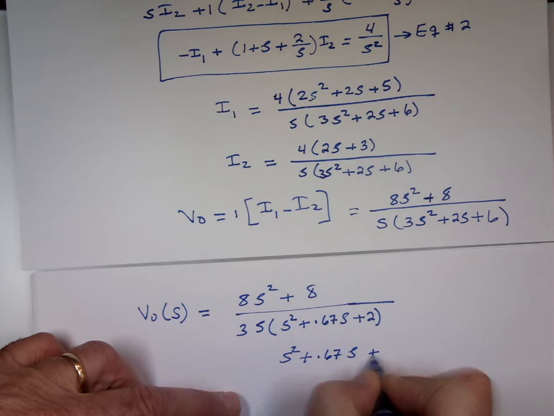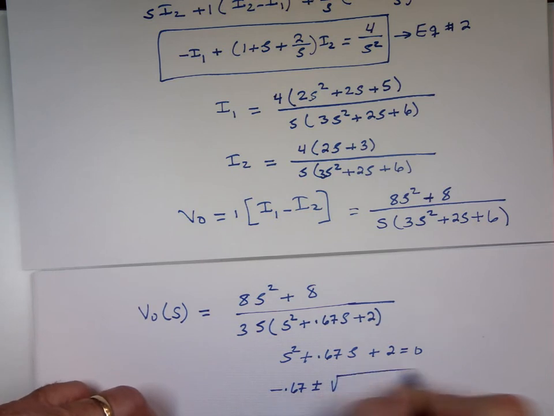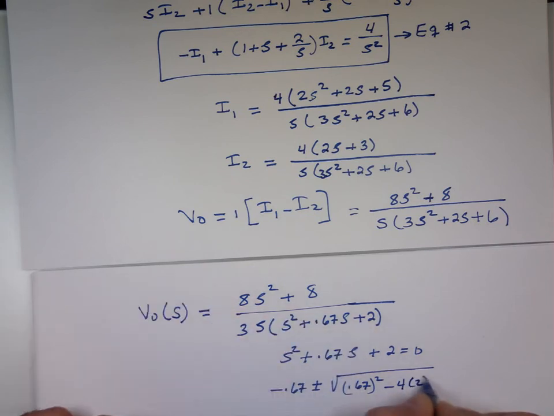Minus 0.67 plus or minus the square root of 0.67 squared minus 4 times 1 times 2, all divided by 2a, which is 2.